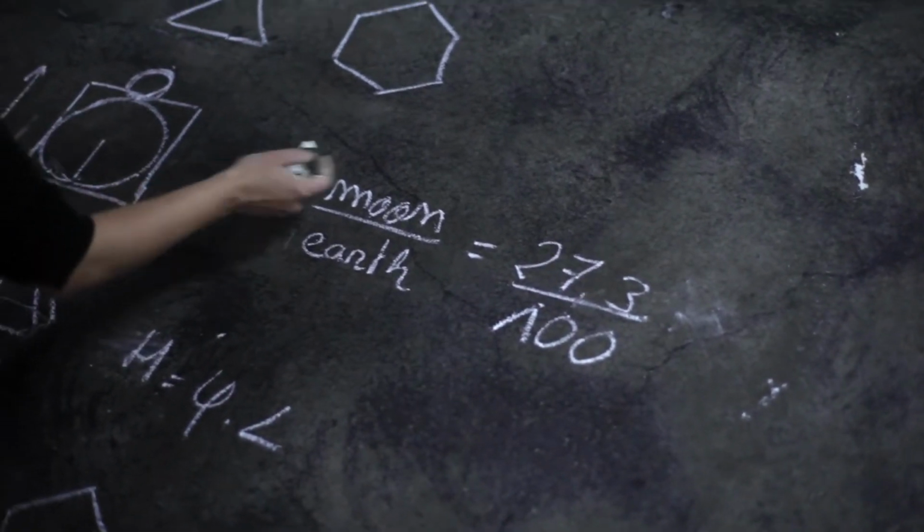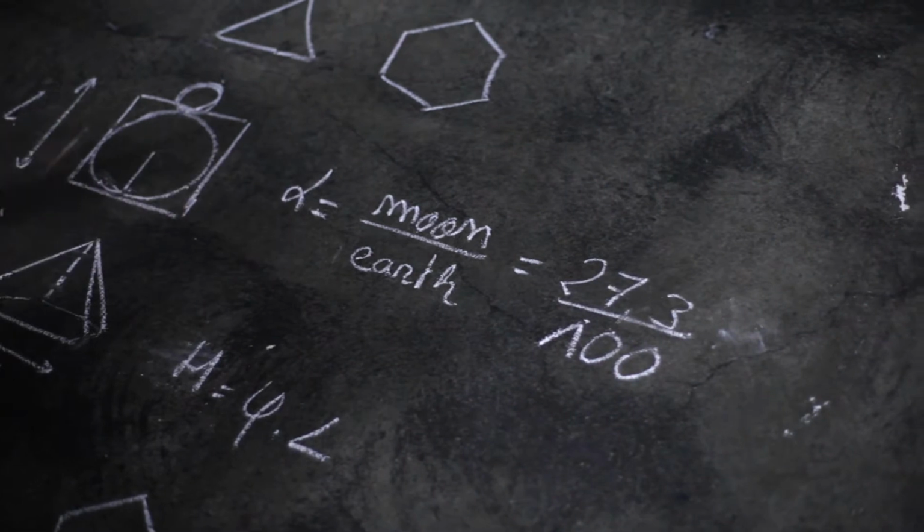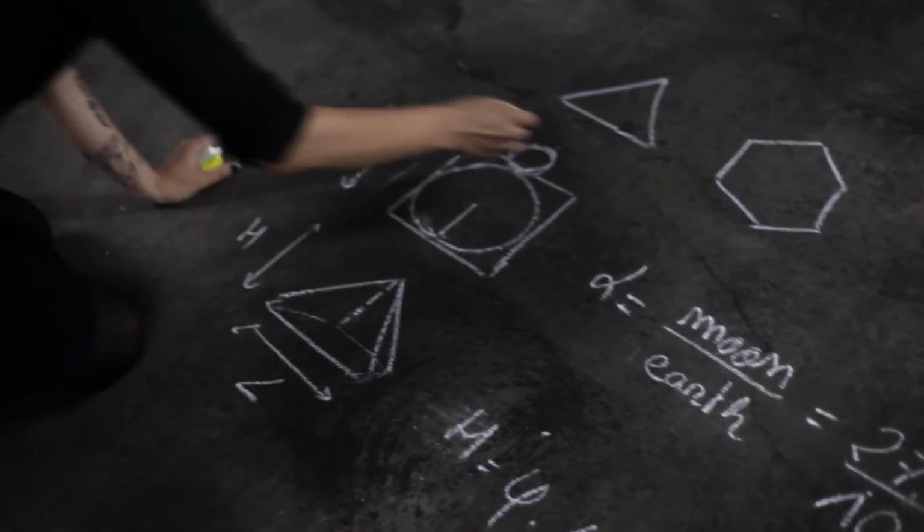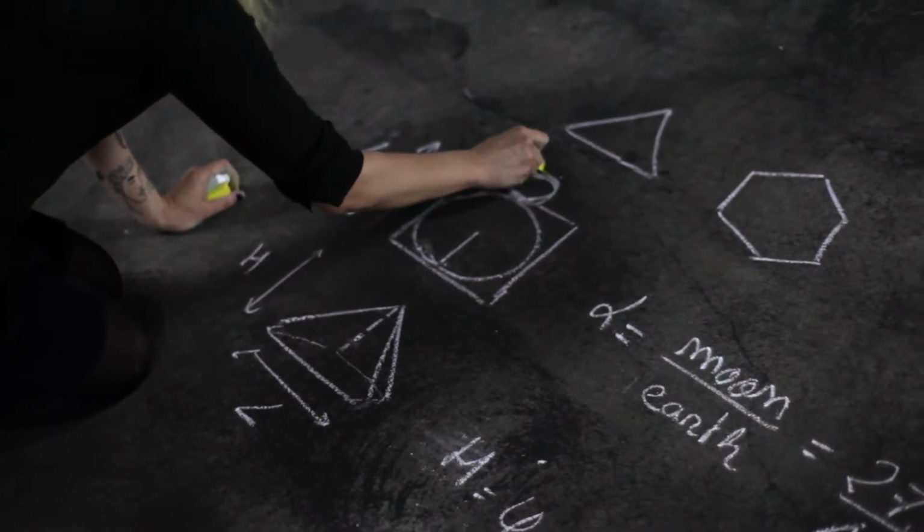Calling this alpha, then for the next circle, the next circle would be this one.